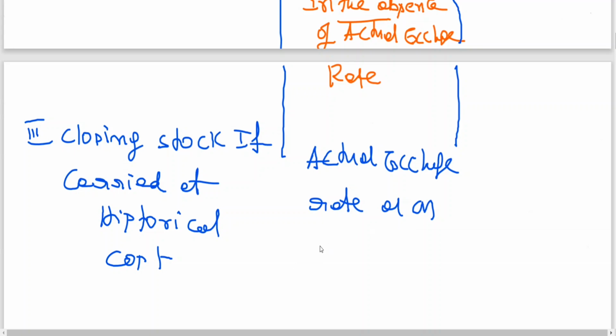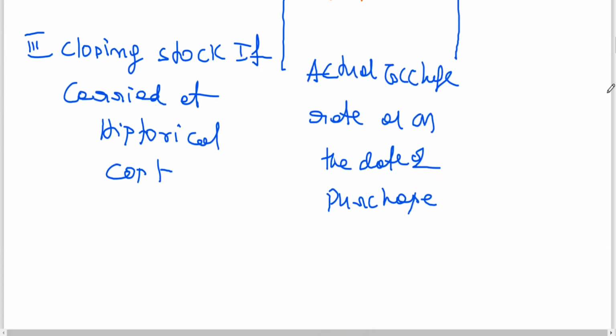So actual exchange rate as on the date of purchase of stock.